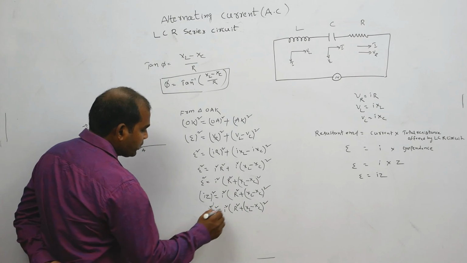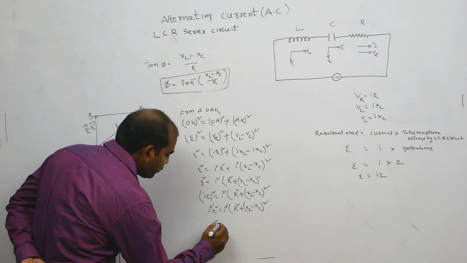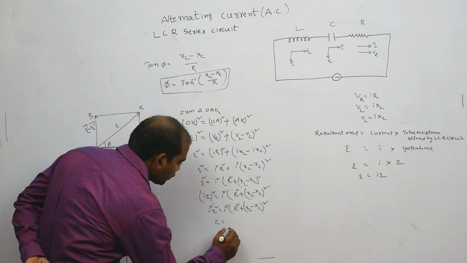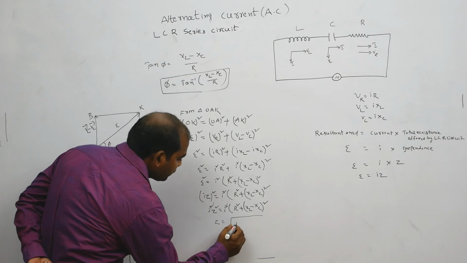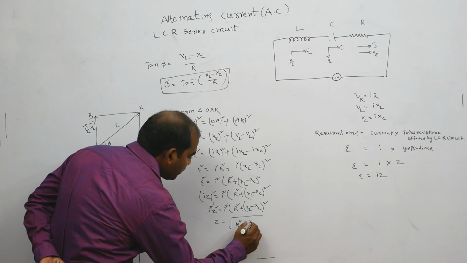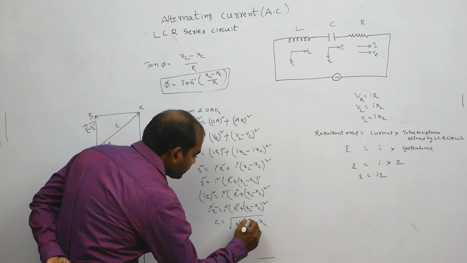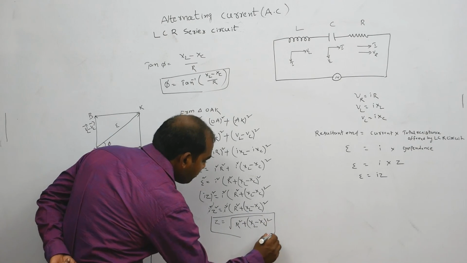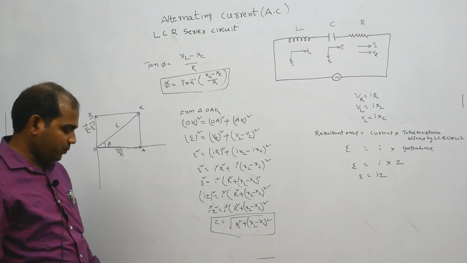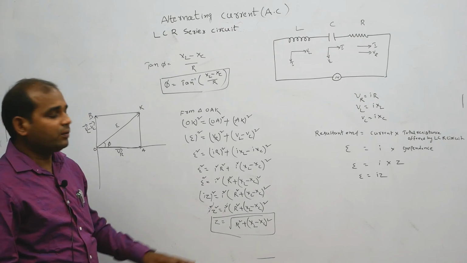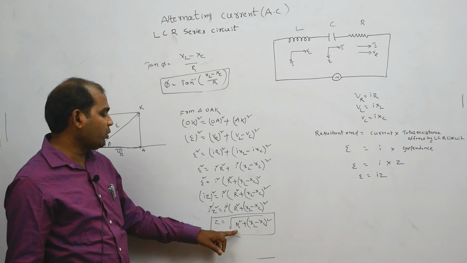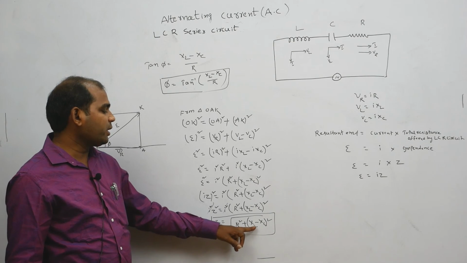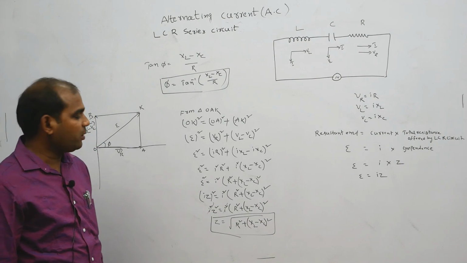On both sides I square gets cancelled. Now you can write Z is equal to square root of R square plus XL minus XC whole square. This is the formula for impedance of the LCR circuit.